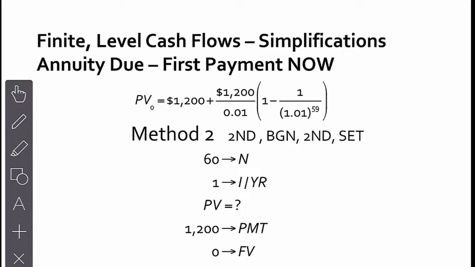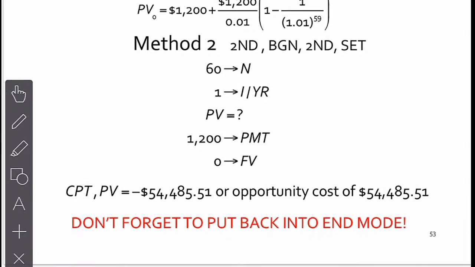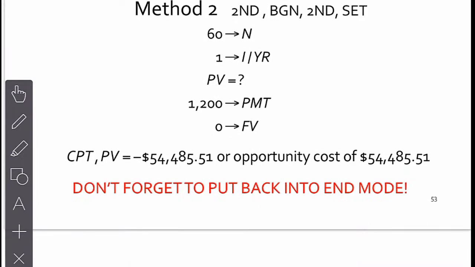There's a second method. Why don't you just use the begin mode? Remember, I taught you how to set it up in begin mode. These are the keys you punch. You hit second, begin, second set, and now you'll see, if you clear the screen on the top, there's going to be the begin symbol. So it's warning you.